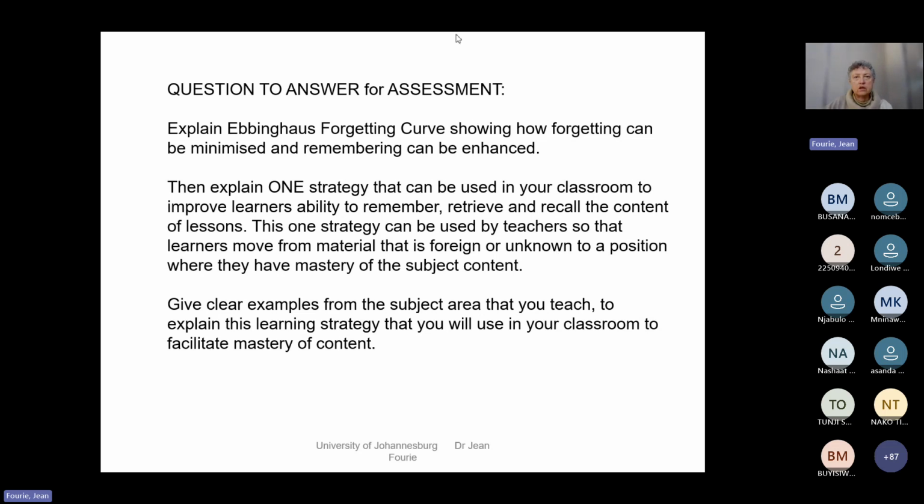Okay. I'm going to stop sharing there, and I'm going to go back to the chat and see if there are any questions that require clarification. There's a student that says, can you please rename the strategies that we must choose under for our assessment?